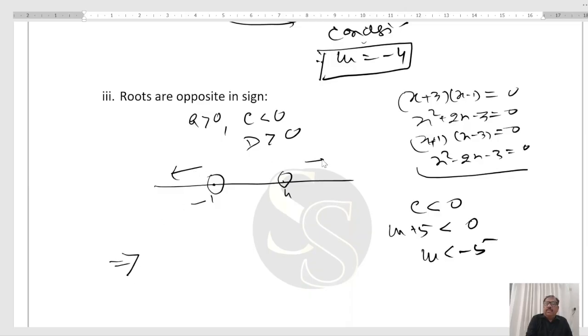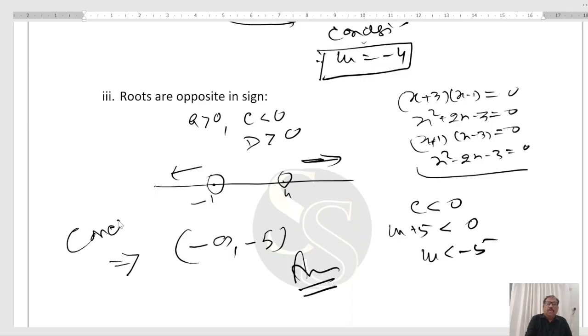This region is favorable, so minus infinity to minus 5. That is the answer. This is the conclusion. Next part.